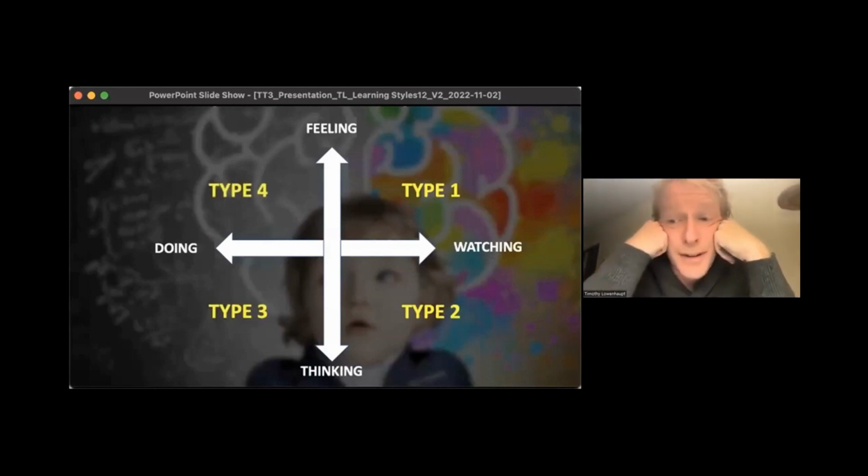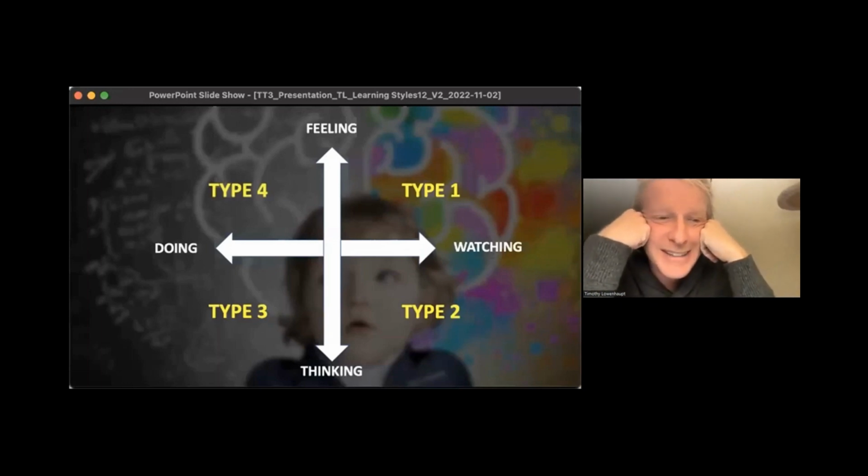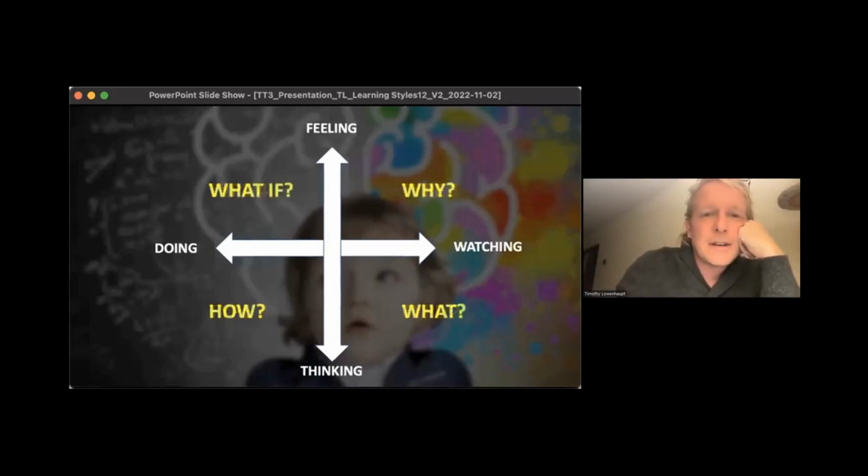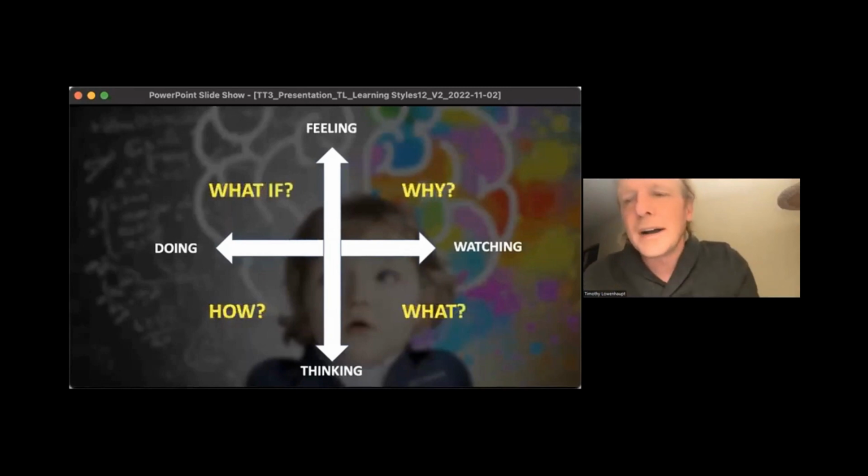So as a bodhisattva, which all of you are, when you teach, you have to teach to all different types of people in the room. And you don't know who they're going to be. So each of these types asks the question. A type 1, that person wants to know the why.